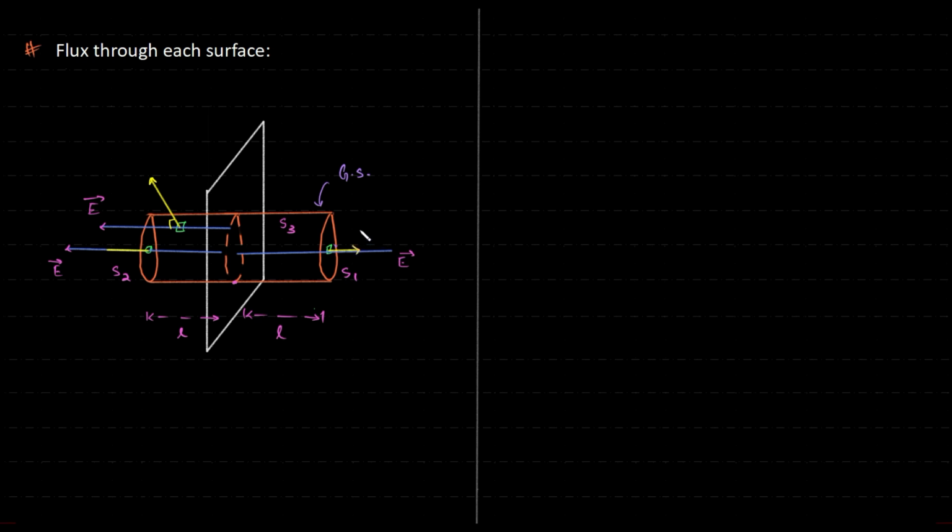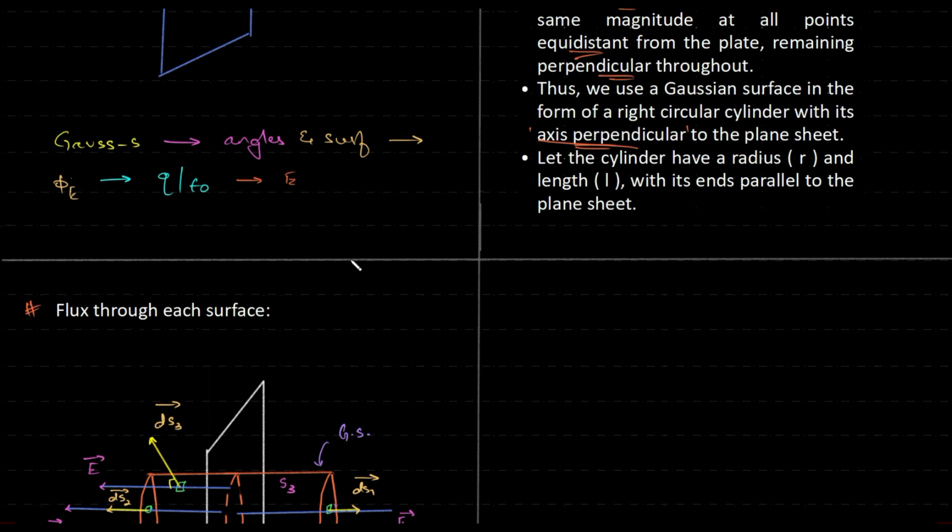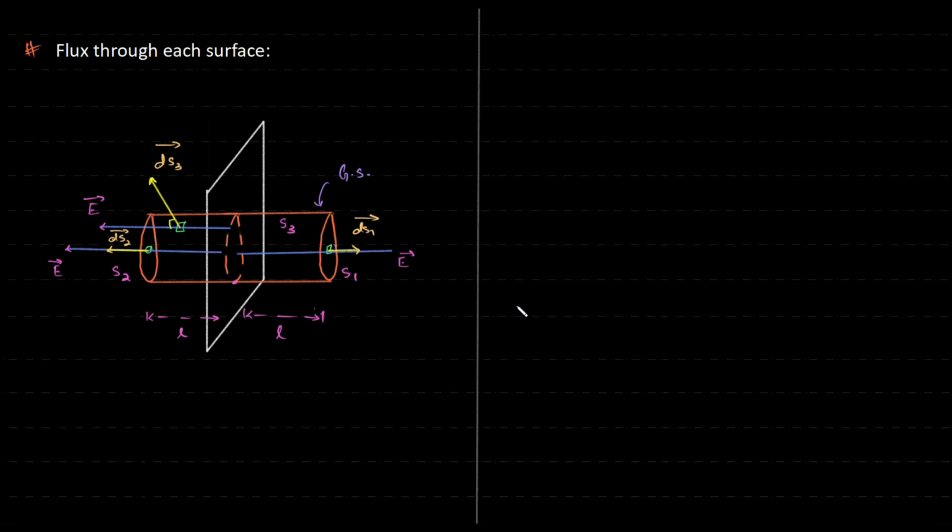So this will be your ds1, ds3, and ds2. Yes, so I'll make this as 2L. Okay. Now, what can we tell?